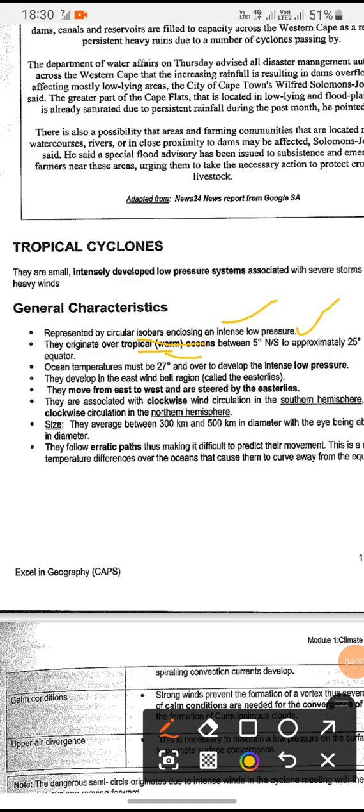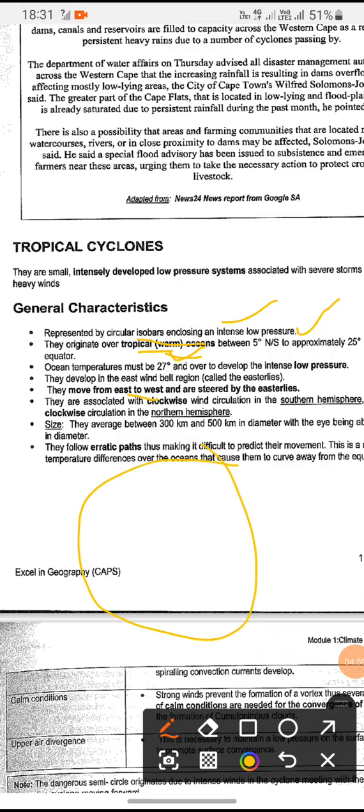I'm sorry for the background sound. Also you can give another evidence: temperature is greater than 27 degrees Celsius. It develops in the east wind belt region called easterlies. They move from east to west.